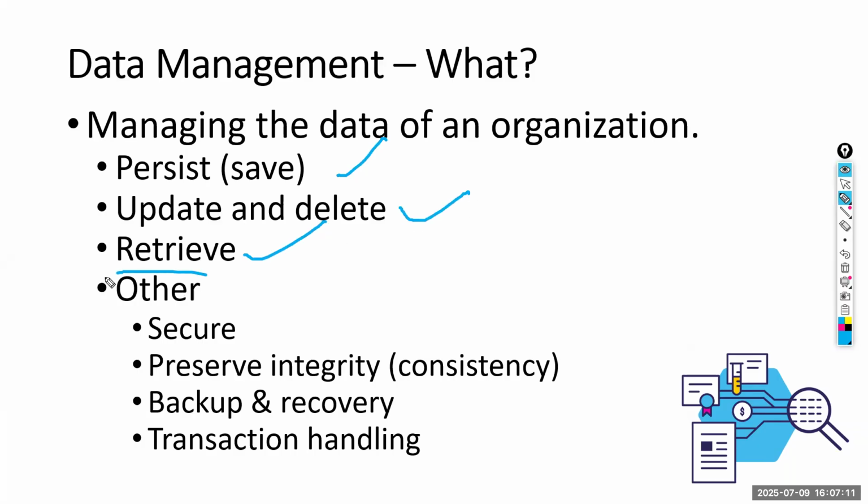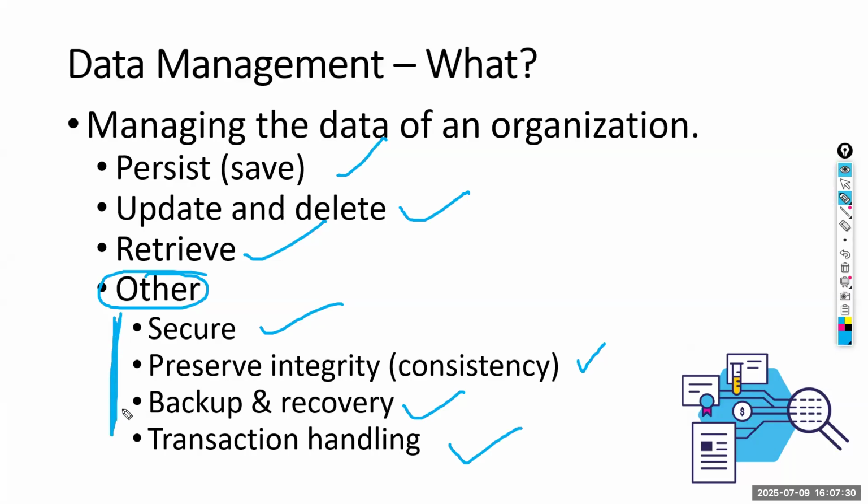Then there are other aspects in data management: security, preserving consistency or integrity, backup and recovery, transaction handling, performance. So those are secondary aspects. So we can't forget about these also.